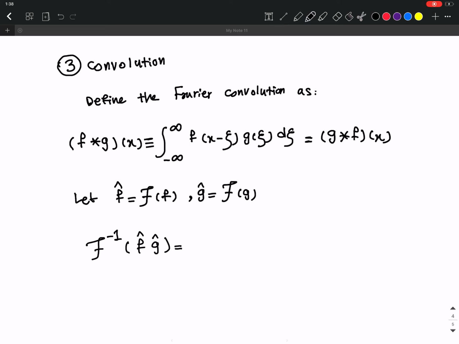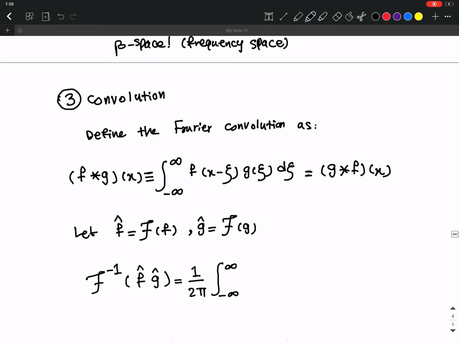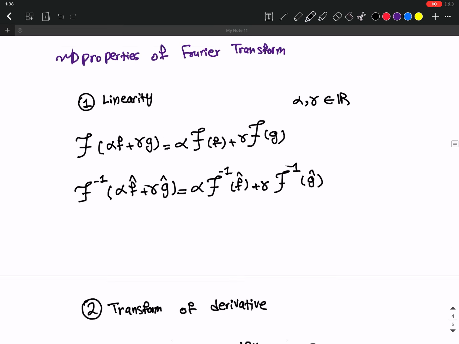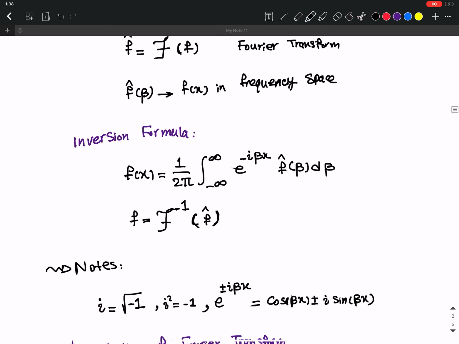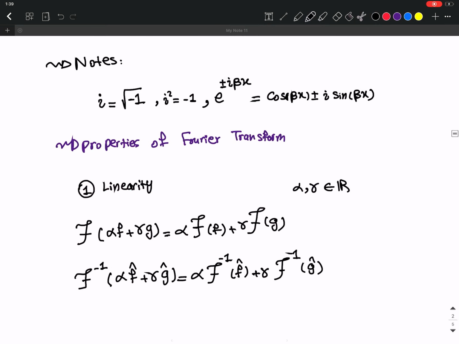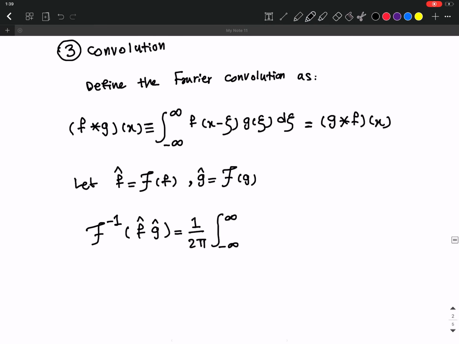Okay, so this is going to be, based on the definition, 1/2 pi integral from minus infinity to infinity of any function that you put inside, right? So this is the inversion formula for f(x), right? And then you are going to get f hat beta, right? So we have to have that function in the omega space.